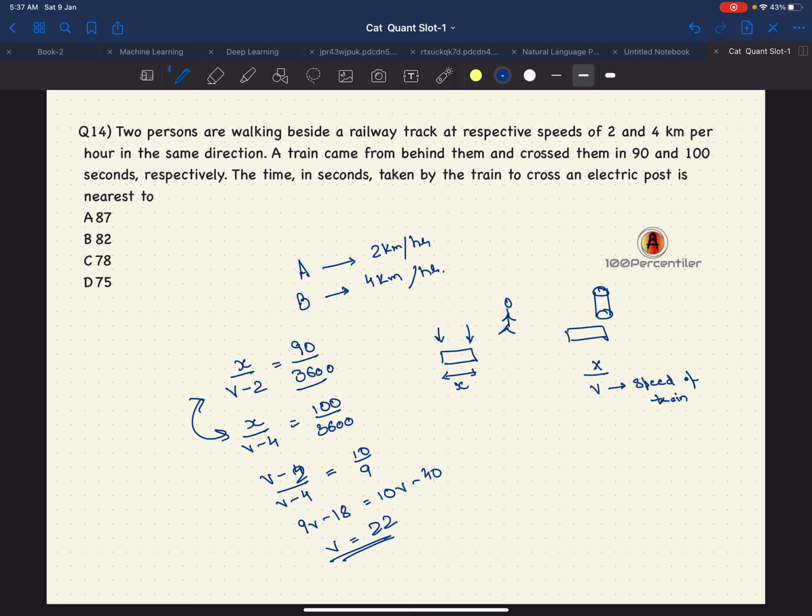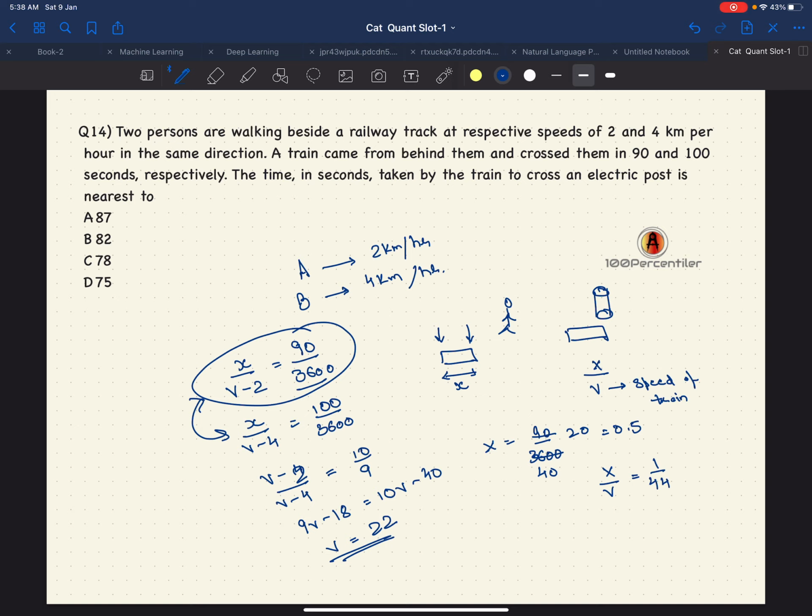Now we already know v as 22, so we can simply put v in any of the equations and get the value of x. So x is equal to 90 upon 3600 into (v minus 2), which is 20. So this becomes 0.5, and therefore x upon v is 1 upon 44.